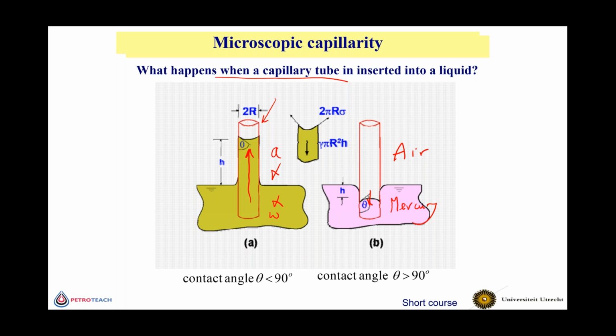Now, why all of this happens, one can explain in detail, because if you start from the beginning, and you have a water surface, and then you stick a glass tube, you bring the glass tube here until it hits the water.